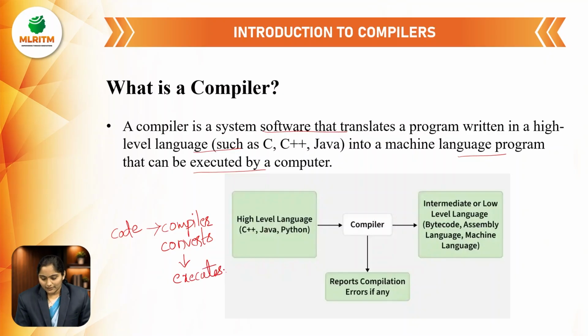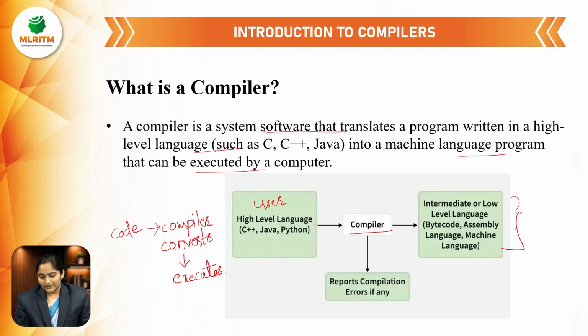See the picture here. The user or programmer writes programs in high-level languages like C, C++, Python or Java, and these programs are given to the compiler. The compiler converts them into some intermediate or low-level assembly language, or we can also call it machine language.